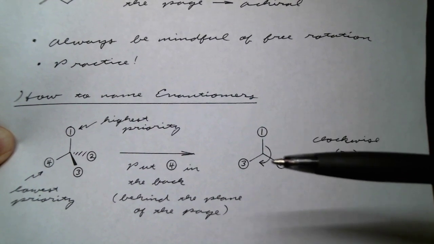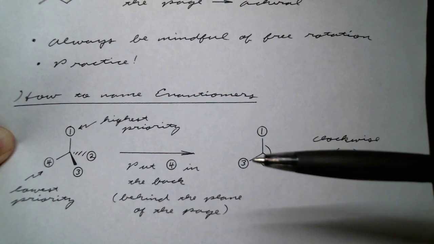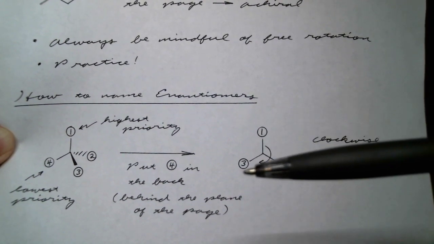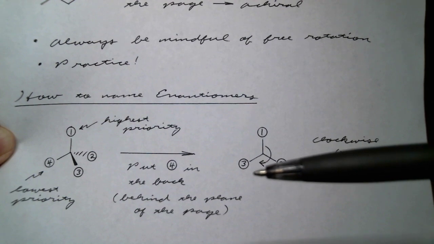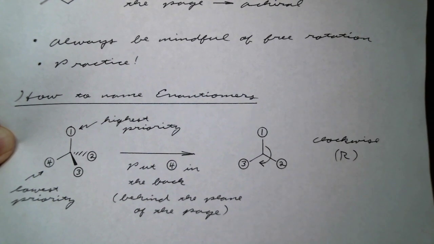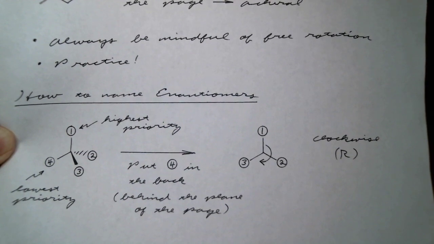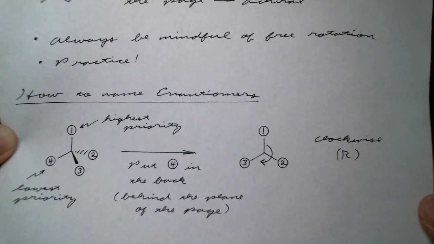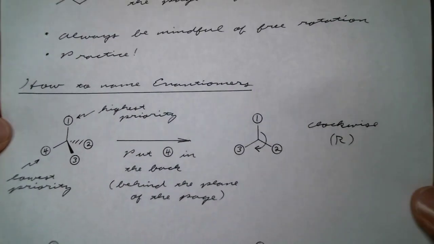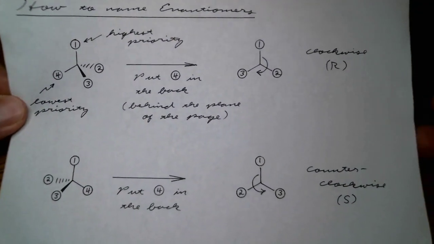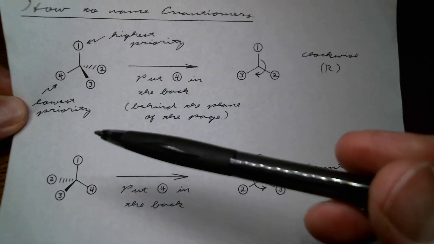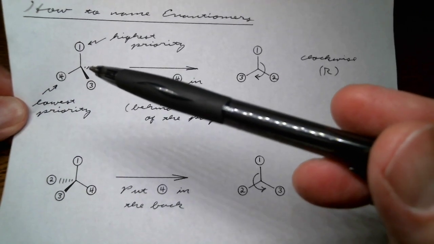And in the process of connecting them, you'll see that we are going in a clockwise motion. So if you go in a clockwise motion from highest priority to second highest to third highest priority, that is an R stereocenter.